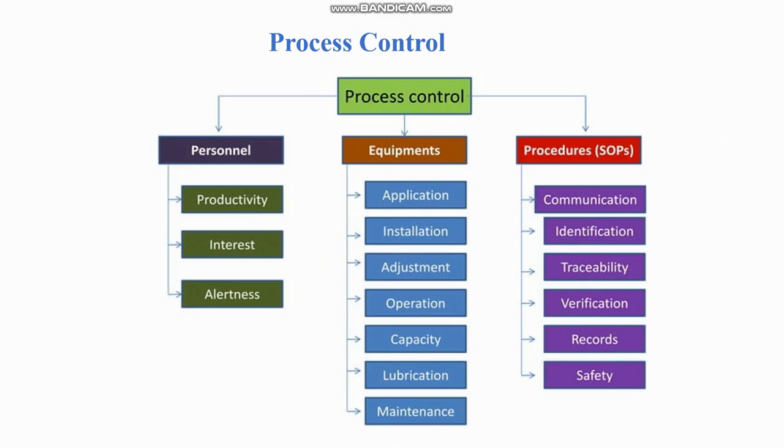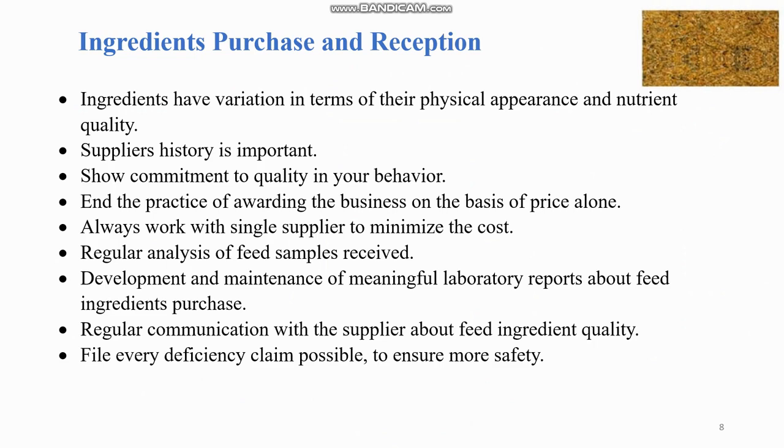In the equipment section, we see the application, installation, adjustment, operation, capacity, lubrication, and maintenance of the equipment used during the feed manufacturing processes. In procedures, we follow these SOPs while monitoring the quality, the communication skills, the identification of the product, the traceability, verification, record measurements, and safety of the product, and the human resource.